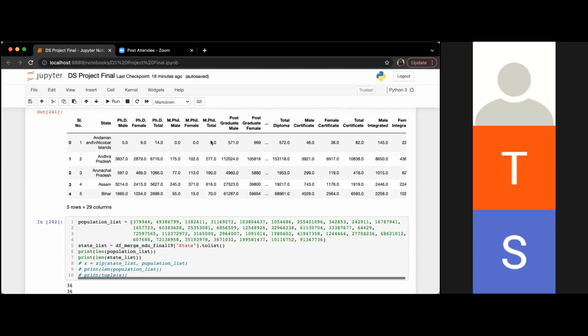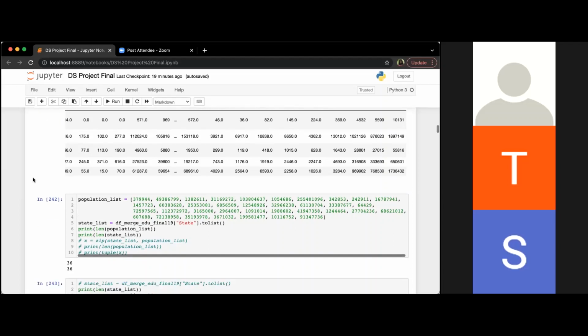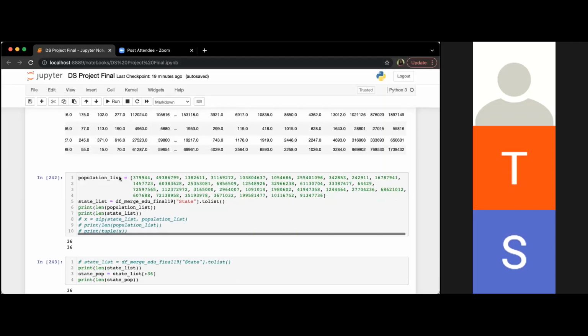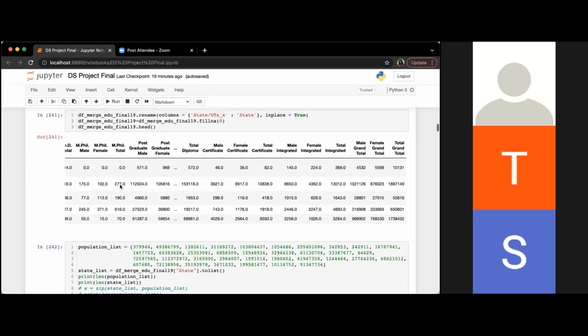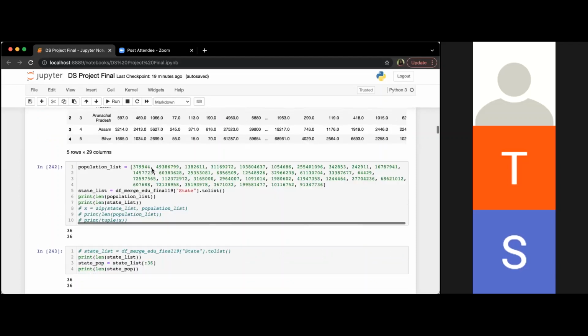But to make it more useful while performing statistical analysis, we have divided this grand total by the population of that particular state to scale it uniformly. So we have the population list here, in the same order as the states in our data set.